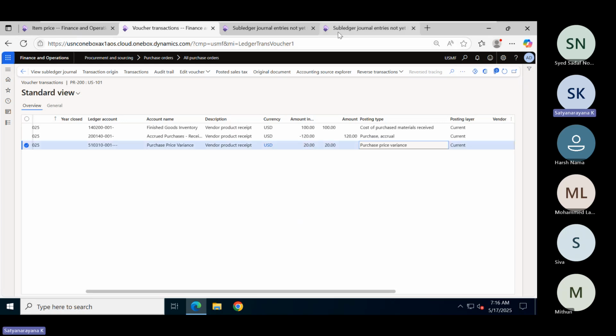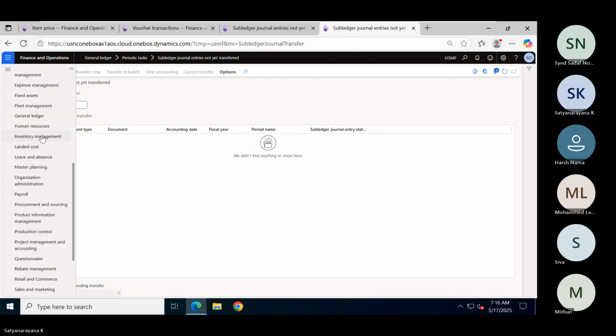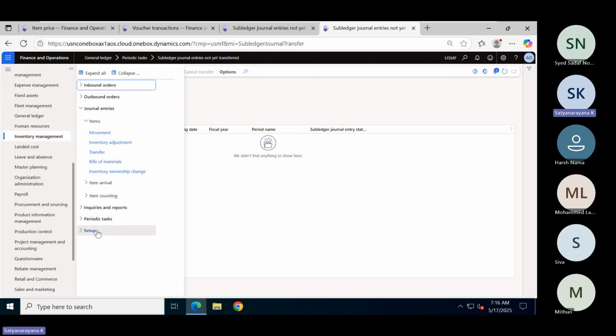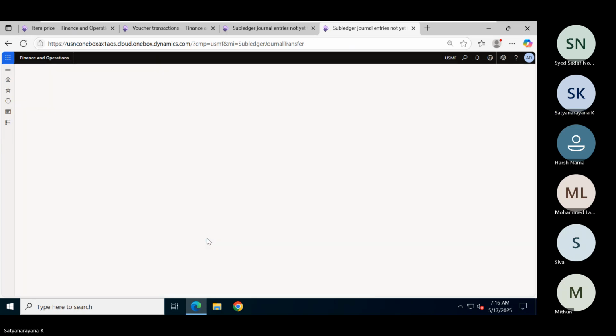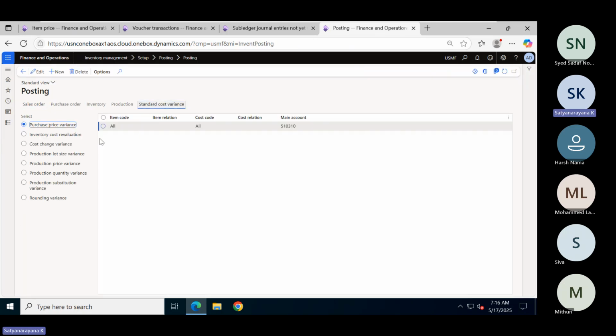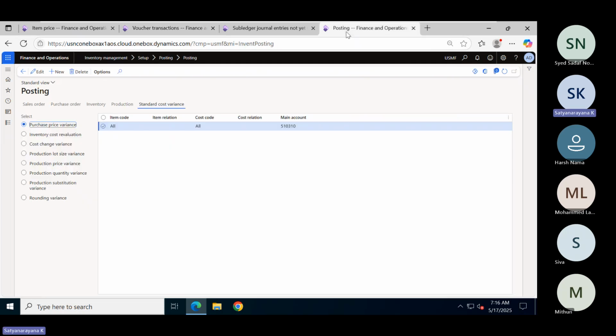It is coming from inventory management, setup, posting, standard cost price, purchase price variance. 510310 is updated. This is coming from here.